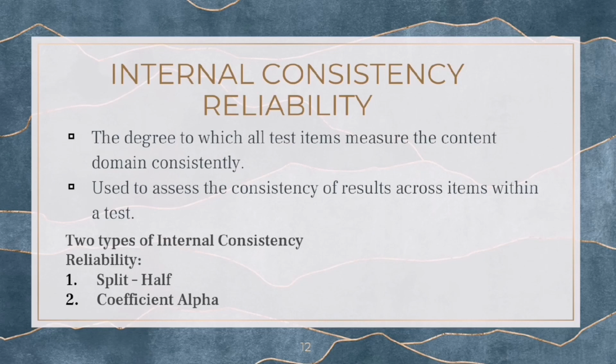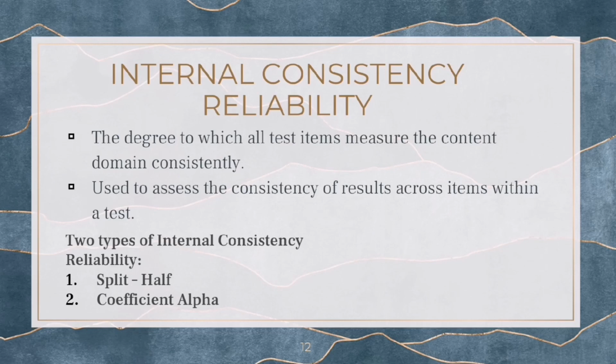We have two types of internal consistency reliability. The first one is split half. In split half reliability, we need to randomly divide all the items that we intend to measure the same construct into two sets of items.